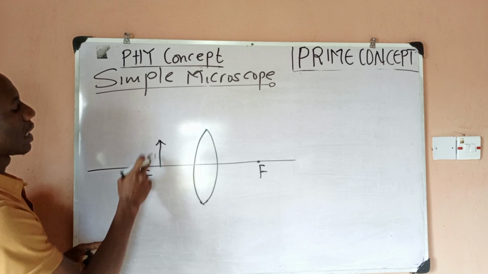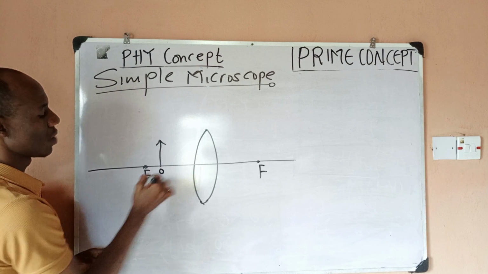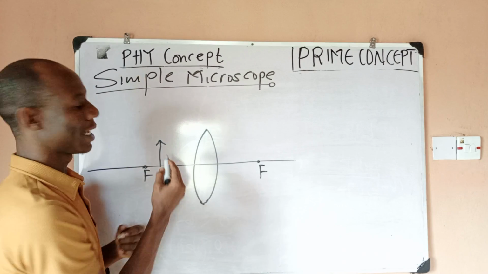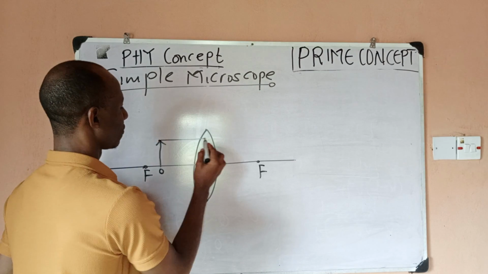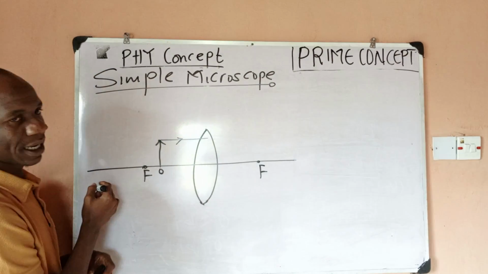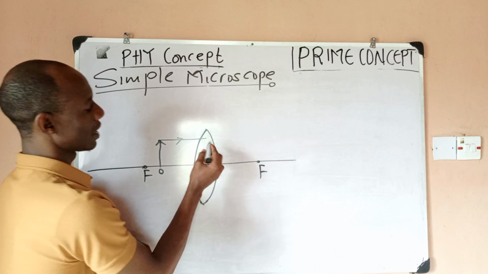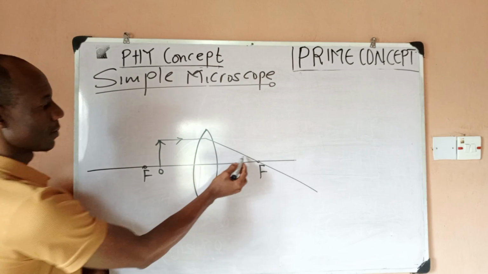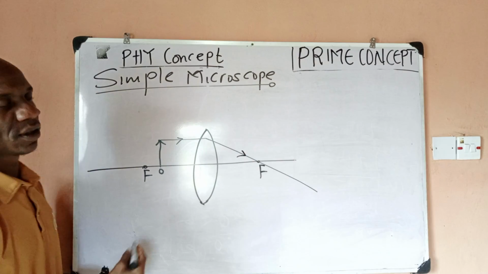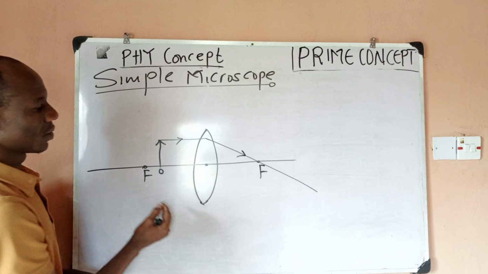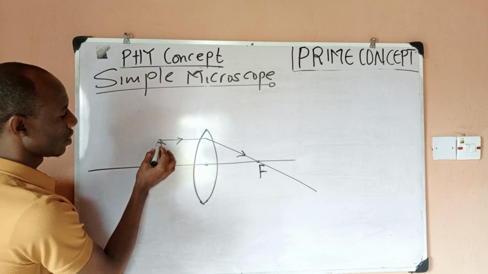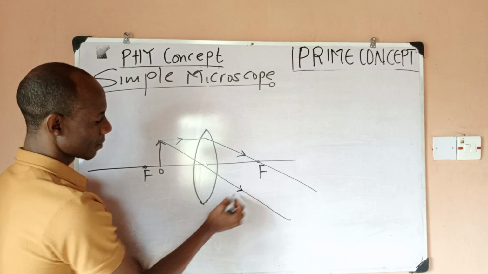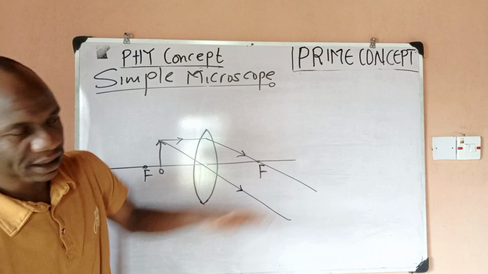Now, if we have our object O at this point and want to see where the image will be formed and its size, we draw a parallel ray so that when it hits the center of my lens, it comes through this point, right? Yes, it refracts through the focal point there. Now, if I consider one going through the optical center, you would notice that these two rays are diverging from each other.